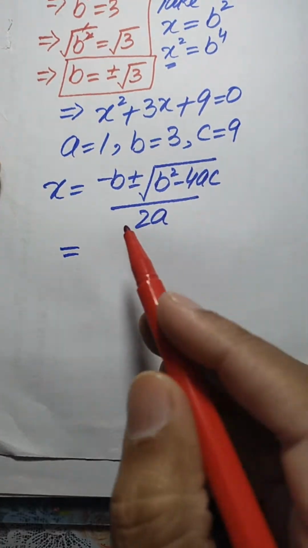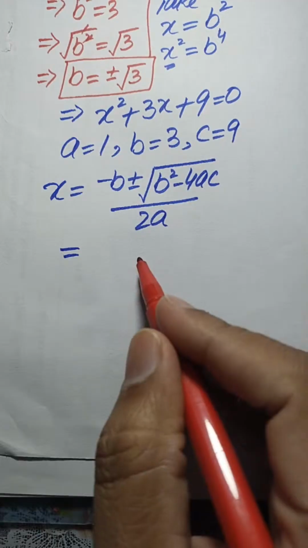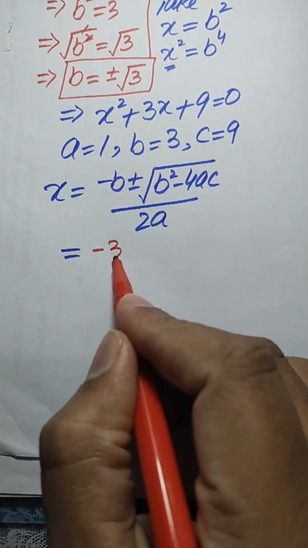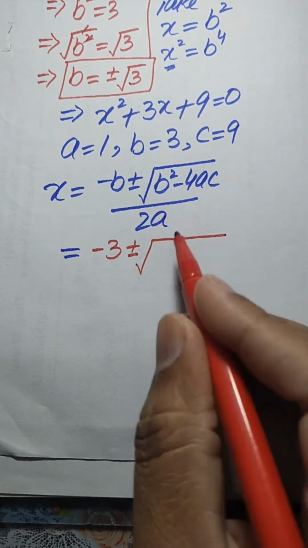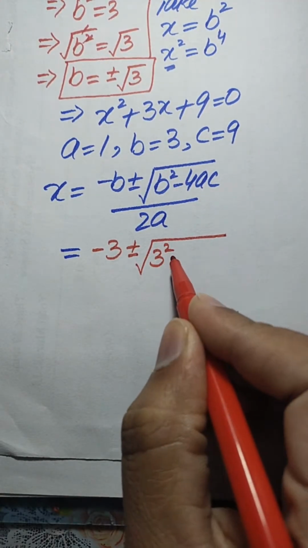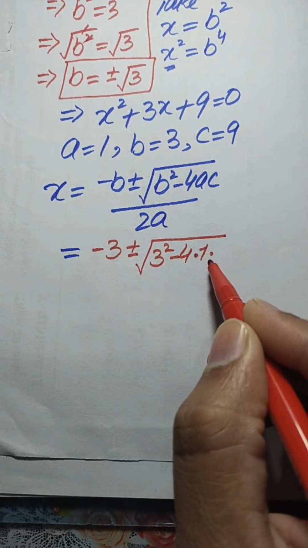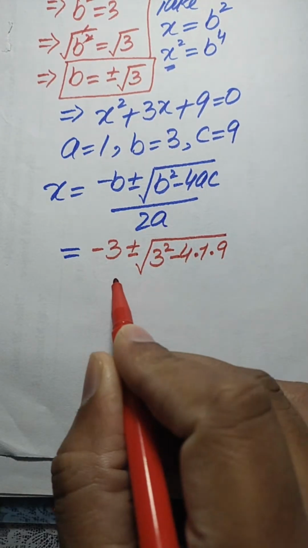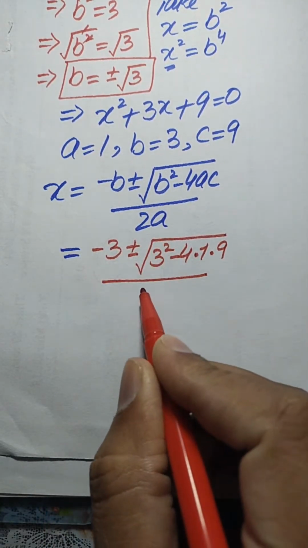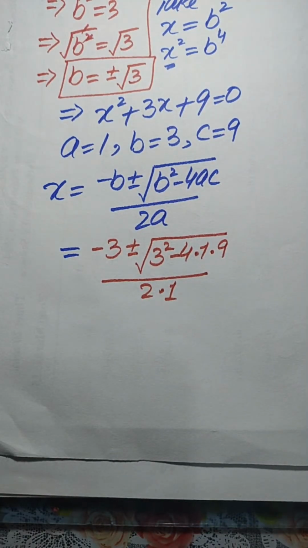We have the value of b as 3, so when we put it here it becomes minus 3 plus minus square root of b square, so 3 square minus 4 times a is 1, and c is 9, divided by 2 times a. Here our a equals 1.